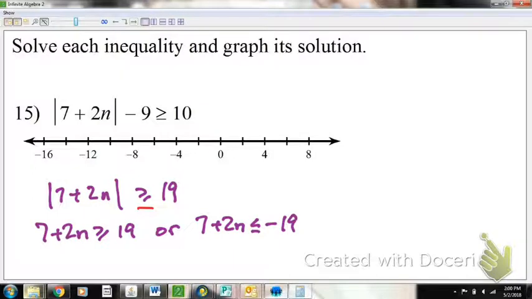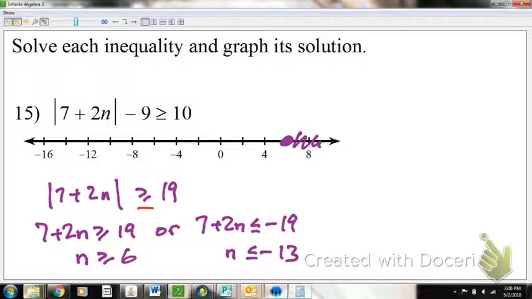Now, if you solve each of these, on the left-hand side you subtract 7, you get 12, divide by 2, you get n is greater than or equal to 6. On the right side, you subtract 7, you get negative 26, divided by 2, n is less than or equal to negative 13. So these are OR problems. Just graph them right on the same number line together.